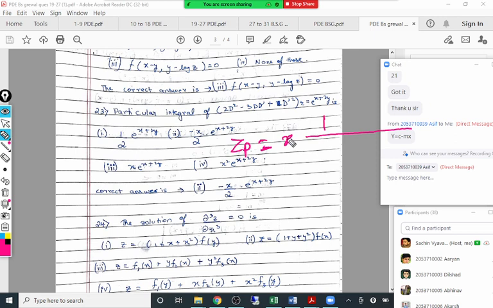As we are multiplying by x, we should differentiate the denominator with respect to D only. So the derivative of 2D square is 4D. I'm saying it is only for exponential, not for trigonometry. Minus 3D dash, and this D dash square will become, as we are differentiating partially with respect to D, I think, is it 0?